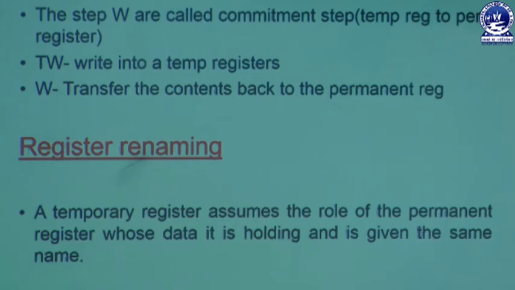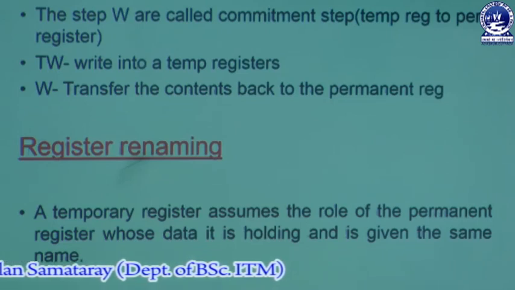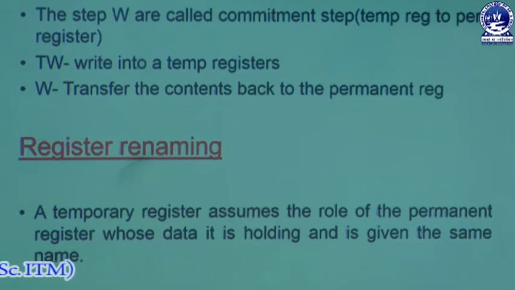The commitment step describes the transfer of the content from the temporary register to the permanent register, where TW means written into the temporary register, and W means transfers the content back to the permanent register. So, register renaming means a temporary register assumes the role of the permanent register whose data it is holding and is given the same name.